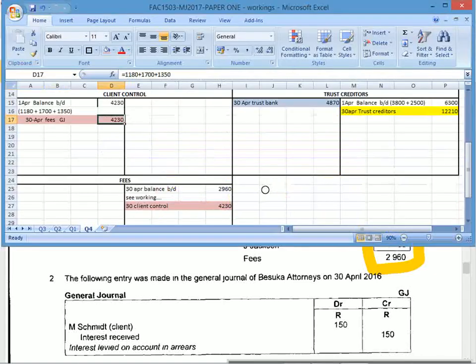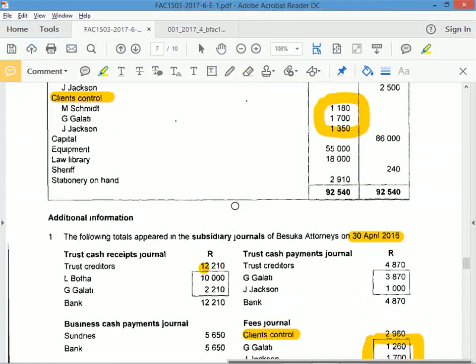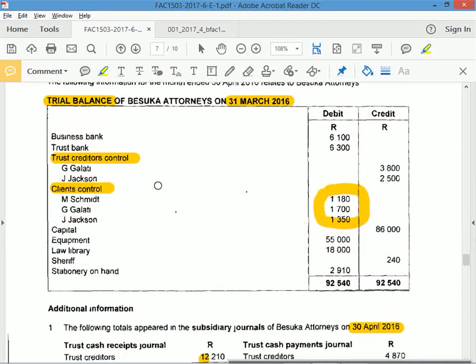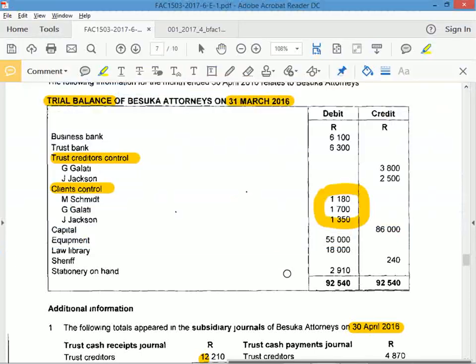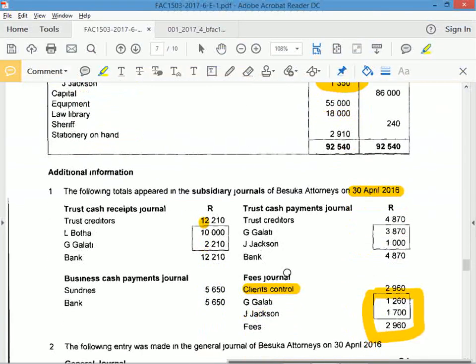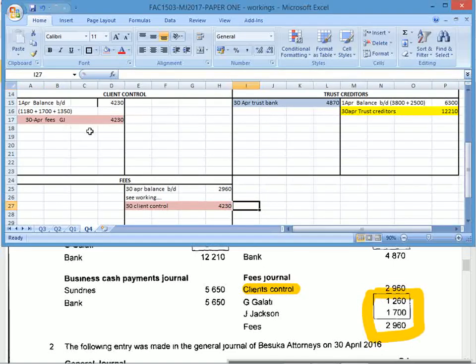The 2,960, which I recorded. That was that figure there. That was for the trial balance, which is the client's control account. Client owes us, so that's fine. We've recorded that there. That was the client control. Yeah, that's fine. Okay, so this was actually for the opening balance.